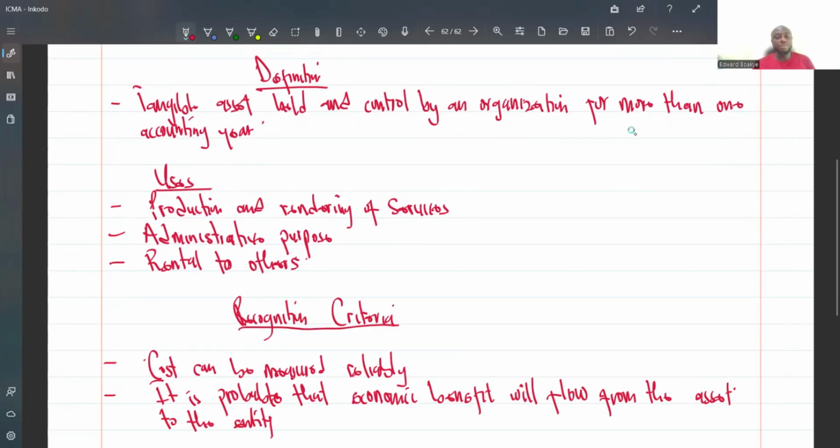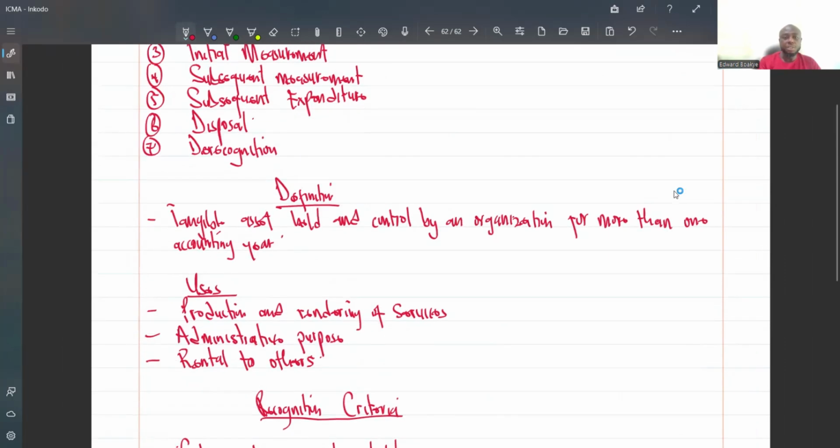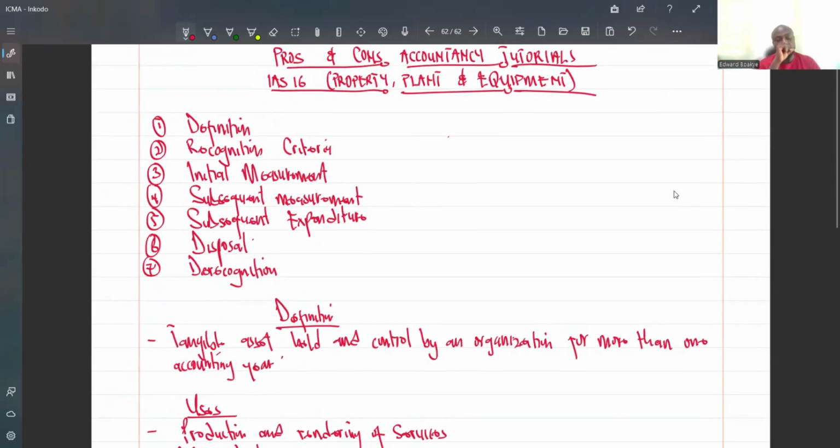So if you have just abandoned it, then it means we can't recognize it as PPE. So that is the idea for the definition and the recognition criteria.